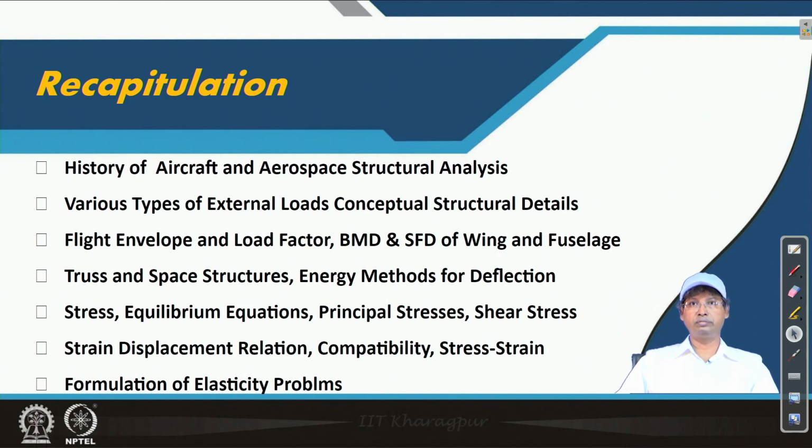Deflections are interesting in any structure, especially aircraft structures, because deflection governs many things. One good example, as we have discussed earlier, and there is no harm in discussing again: at takeoff, say while taxiing, the aircraft wing is loaded with fuel.